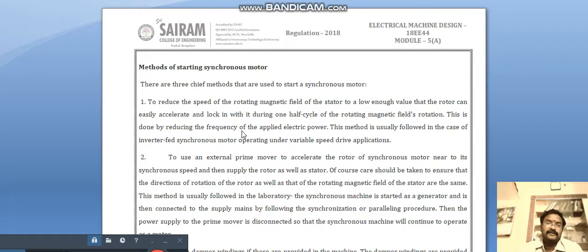Reducing the frequency was a tedious job in the olden days. Nowadays we have power electronic devices and cycloconverters. There are so many devices used to reduce or change the frequency. Cycloconverters are used to convert constant frequency AC into variable frequency AC.